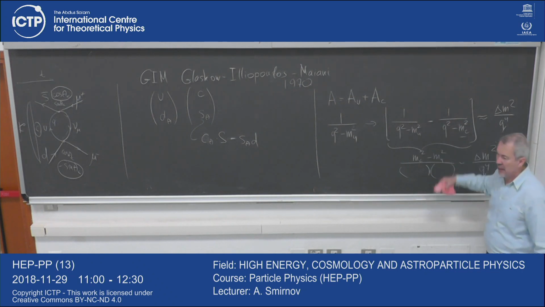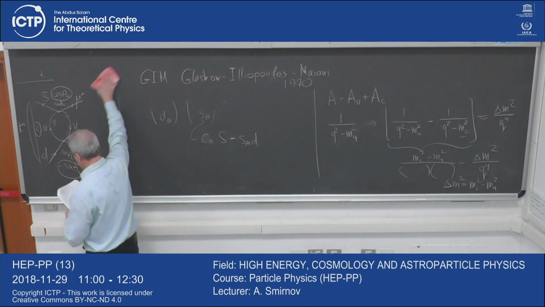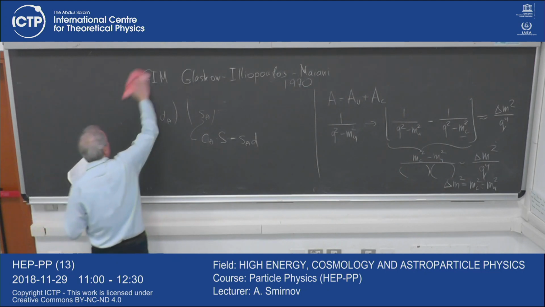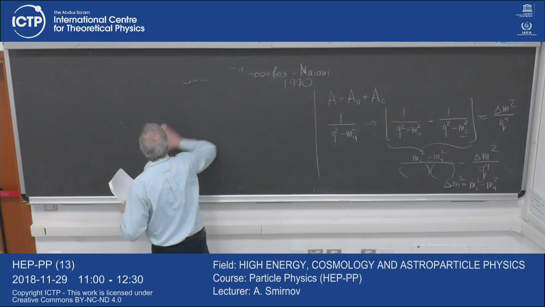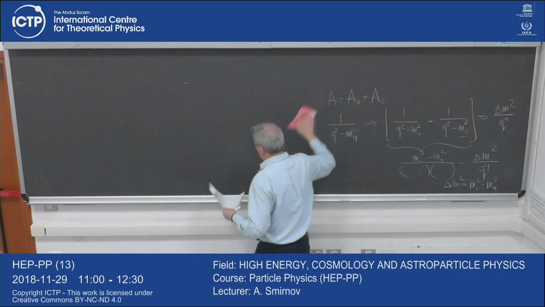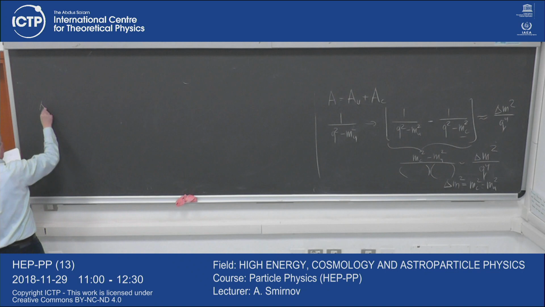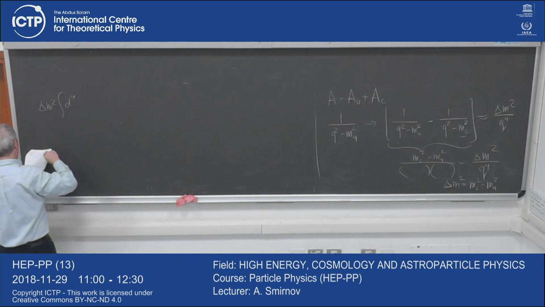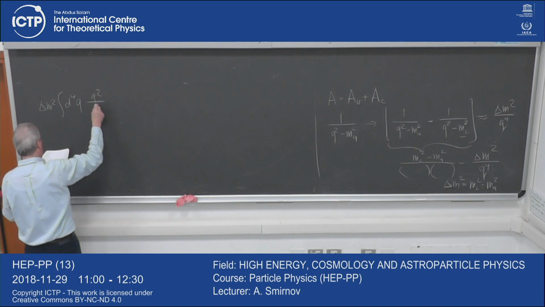Okay, just combine these two propagators. So now my integral becomes logarithmically divergent and not quadratically as it was before. So we have delta m squared and an integral d fourth q over q to the fourth and then q squared over q to the sixth.